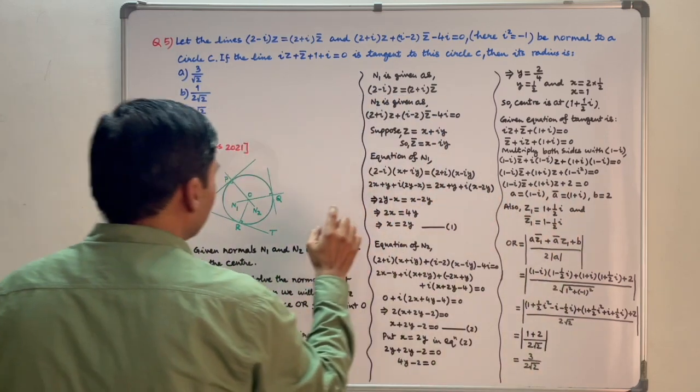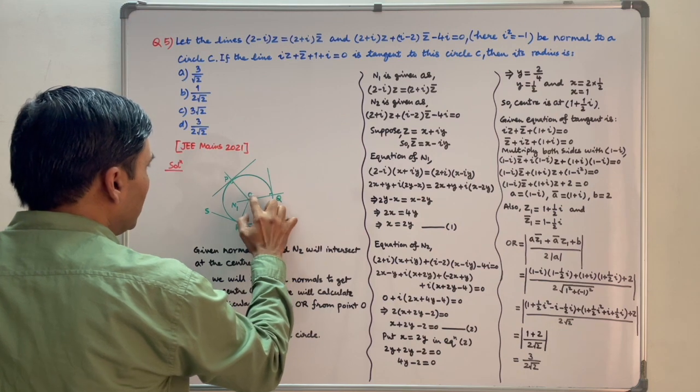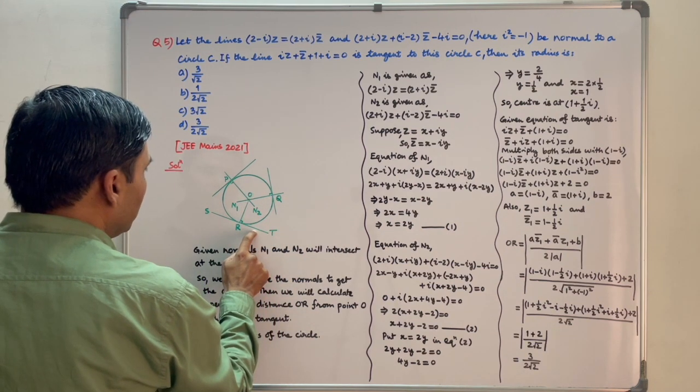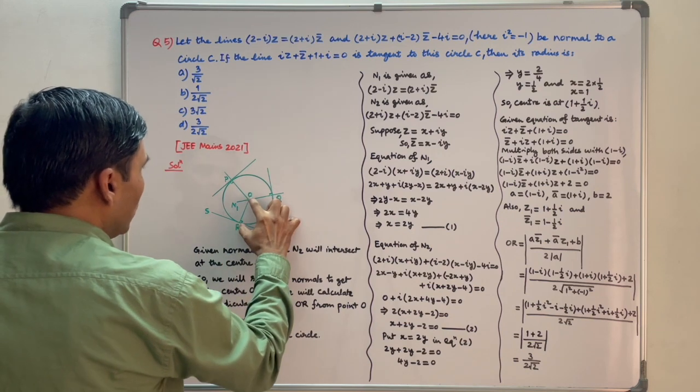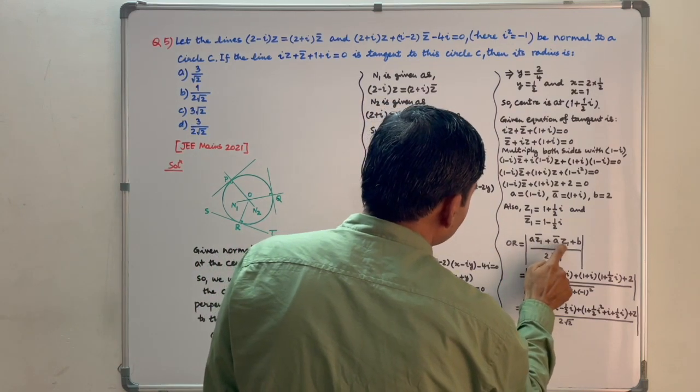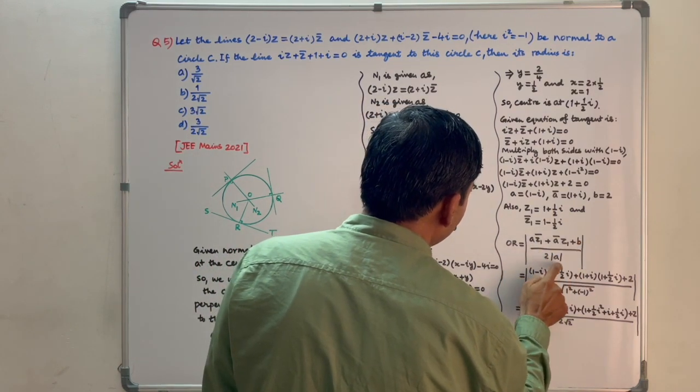Now we are ready to calculate the perpendicular distance OR between the point Z1 and the straight line a z bar plus a bar z plus b is equal to 0. And OR is given by mod of (a Z1 bar plus a bar Z1 plus b) upon 2 mod a.